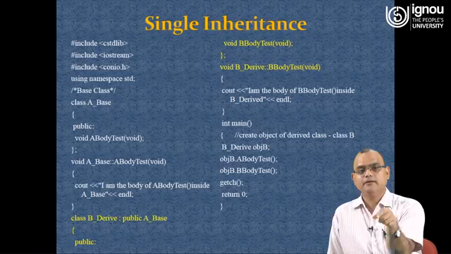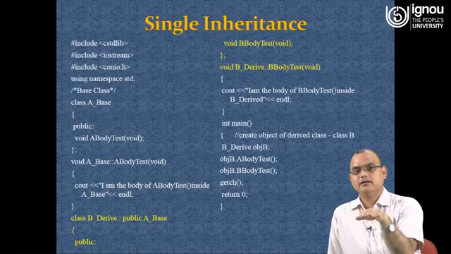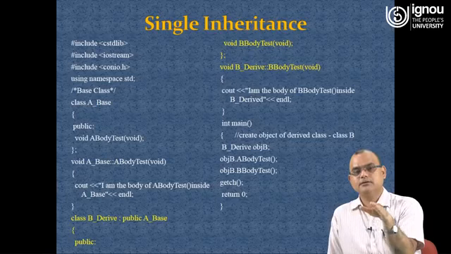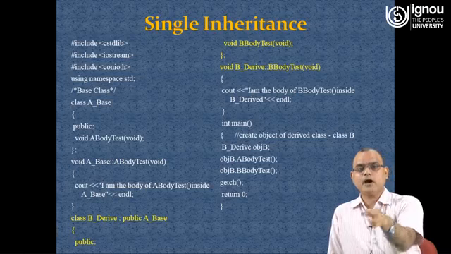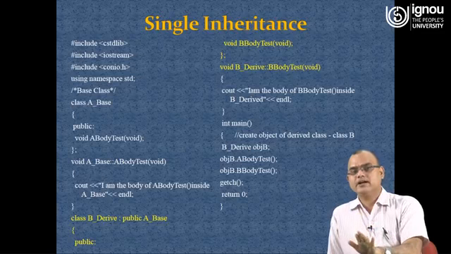Now here see, we are deriving class B. B derived. What access specifier are we using? Public. A base. So we are deriving from base class A to B, and then we are using the body of B. Now see how this program is going to show us how we are creating the object.